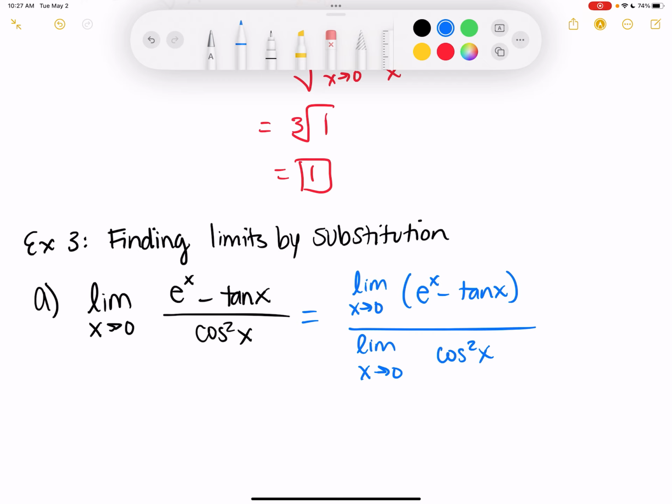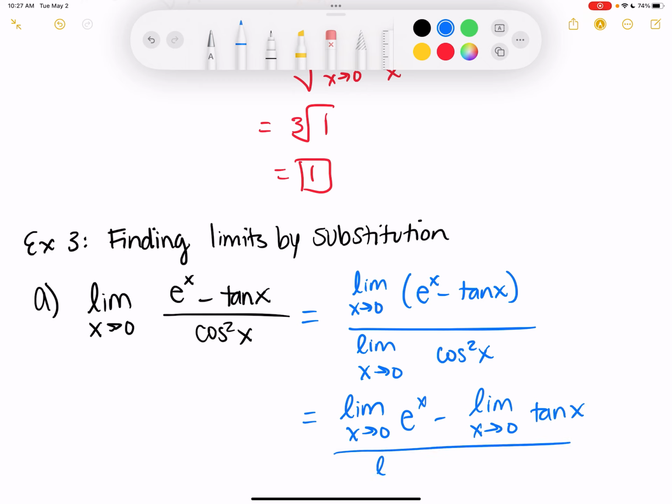Then by the difference rule, I can write the limit twice up top here. So this is the limit as x approaches 0 of e to the x minus the limit as x approaches 0 of tangent of x over the limit as x approaches 0 of cosine squared of x.